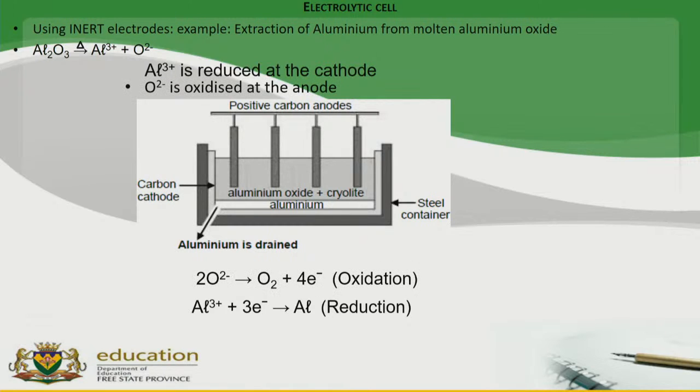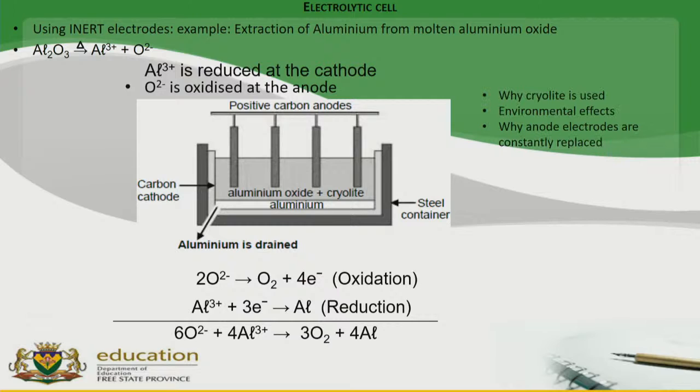And then oxygen ions will be oxidized at the anode to form oxygen gas. Now, the overall cell reaction will be oxygen ions plus aluminium ions forming oxygen plus aluminium. Remember that aluminium is drained at the bottom. That is why we say it is extraction of aluminium.